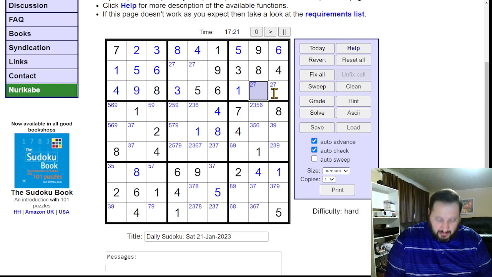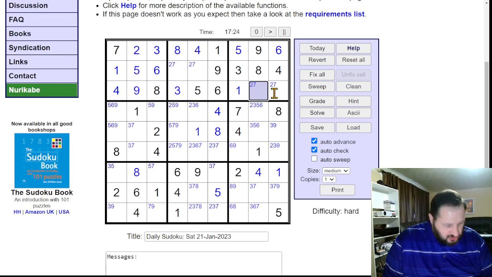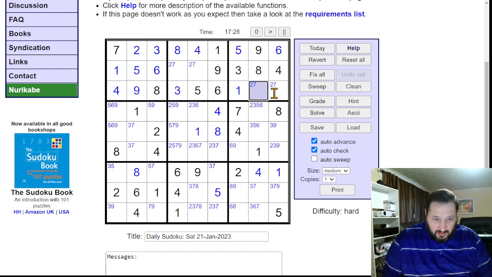Okay, so I'm going to extend that out just a smidgen there. So if I do that as a 5, then that's going to be a 7, that's going to be a 9, that's going to be a 3, that's going to be a 5. And if that's a 3 and a 9, and that's a 5 and a 7, that makes that a 3, and all the 3s go away.